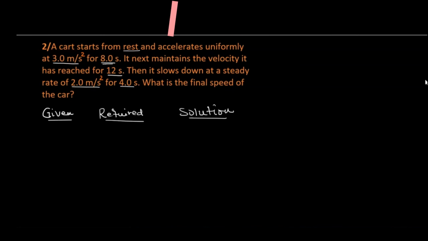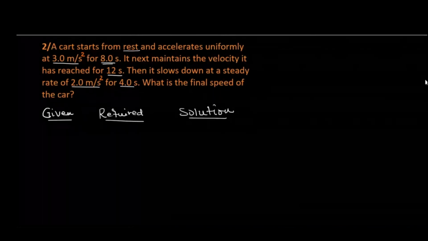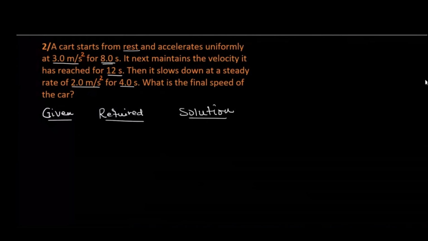Next, it maintains the velocity it has reached for 12 seconds. Then it slows down at a steady rate of 2 meters per second squared for 4 seconds. What is the final speed of the car?